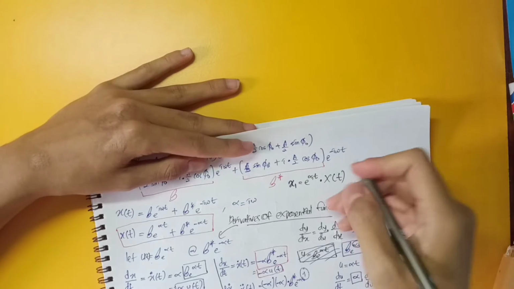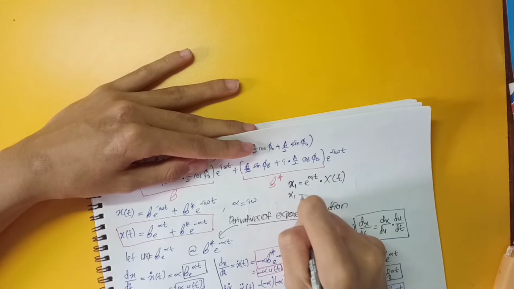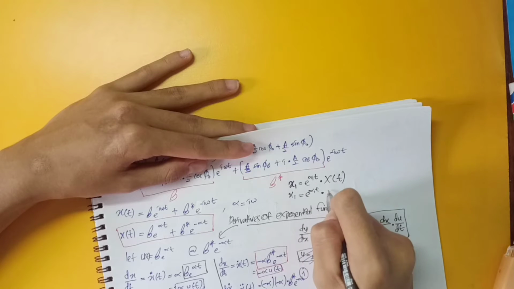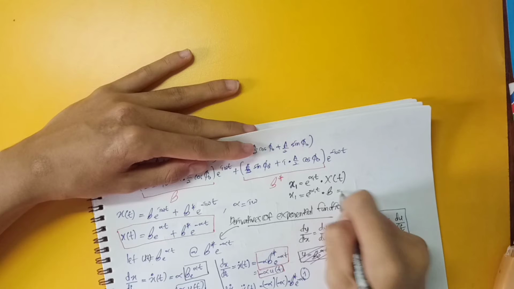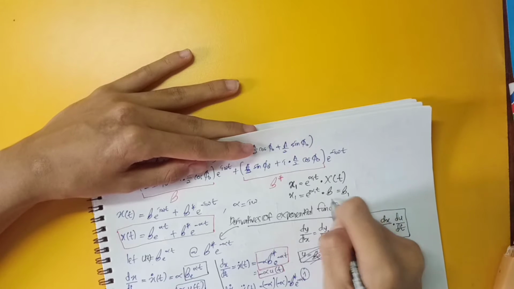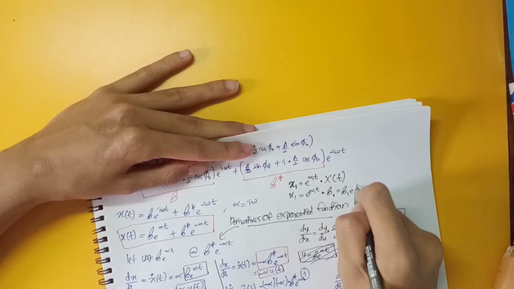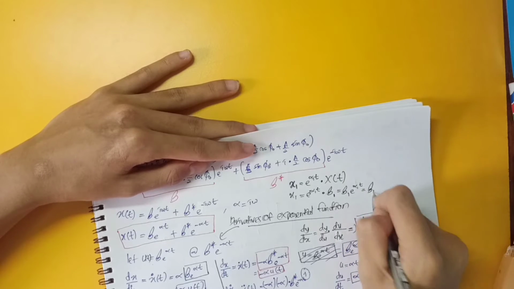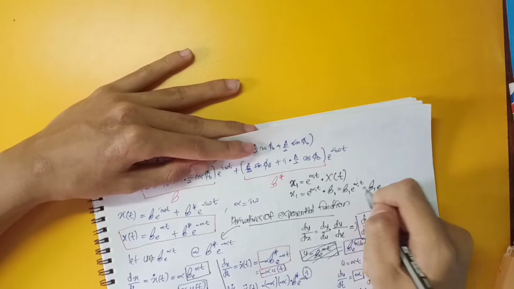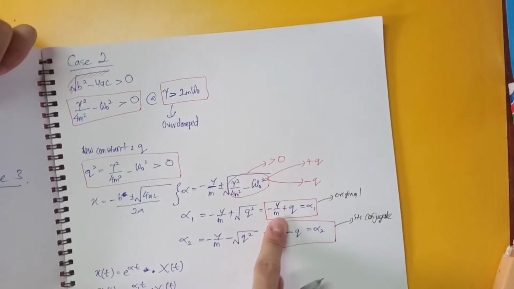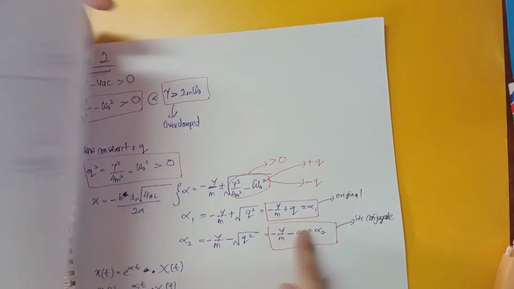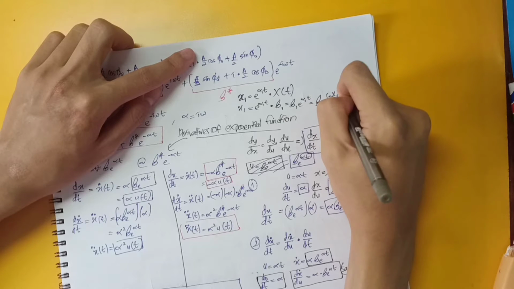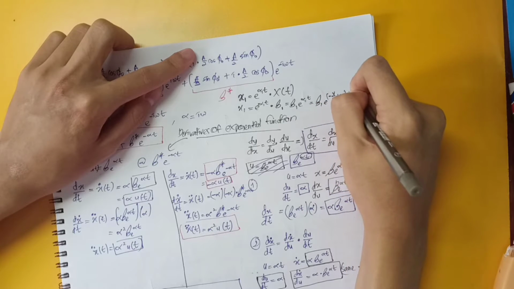So x1 becomes exponential power of alpha 1 t times b, which is equal to b1 exponential power of alpha 1 t. Finally this is equal to b1 exponential power of alpha 1, which is right here, negative gamma over m plus q, times with the t.